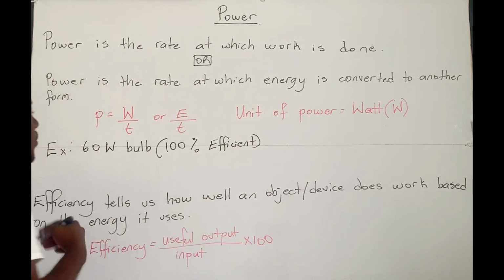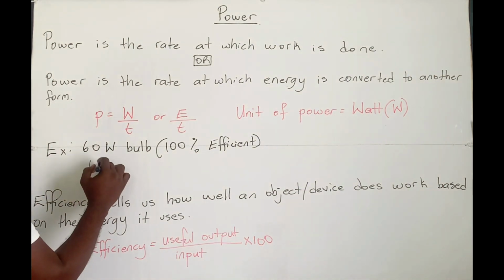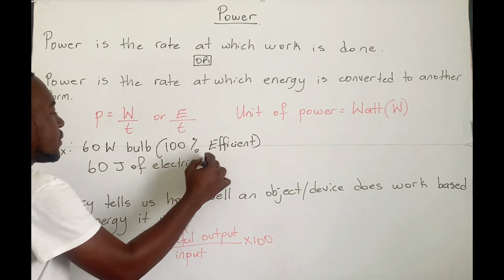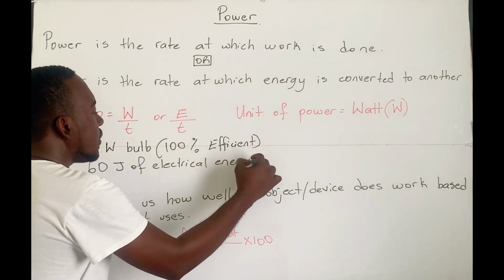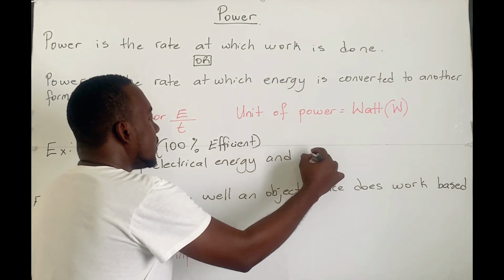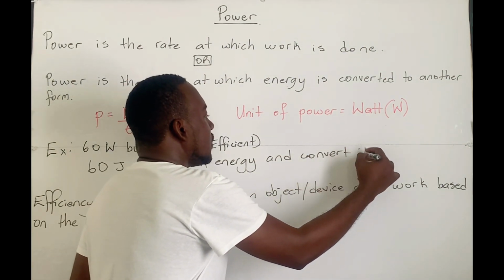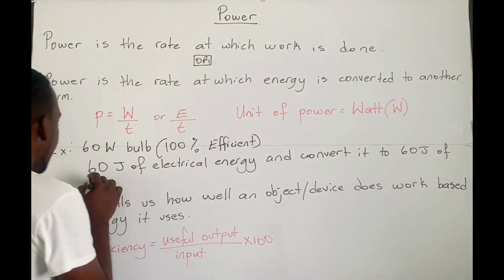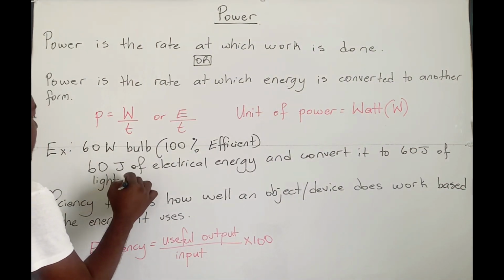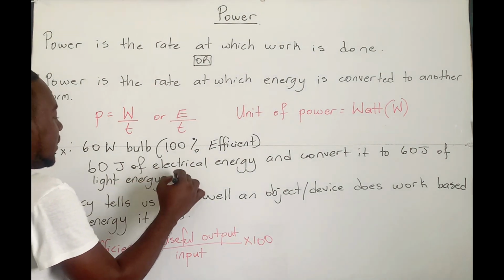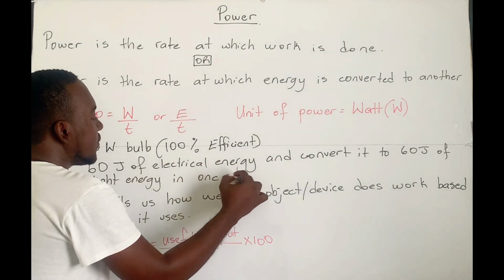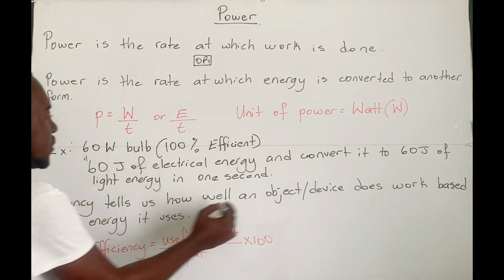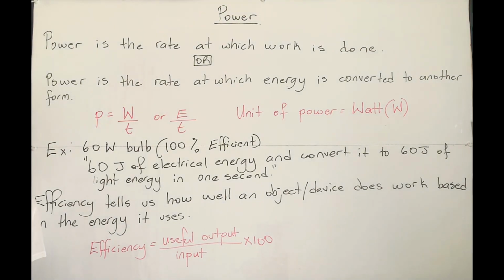In this case, it means that it will take 60 joules of electrical energy and convert it to 60 joules of light energy in 1 second. So that's the concept of power.